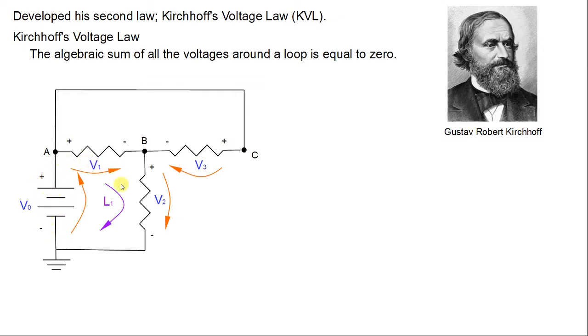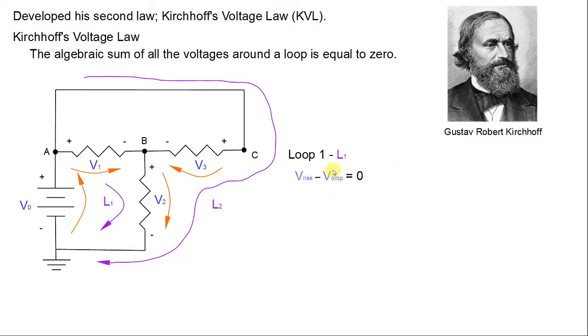From one end of my source to the other end of my source. Okay, I'm using a simple DC circuit here, but it could be AC. And my other loop is from one end of my source, or this end here, all the way back to the other end of my source down here. And that's loop 2. And that goes through V3 and V2. Okay?